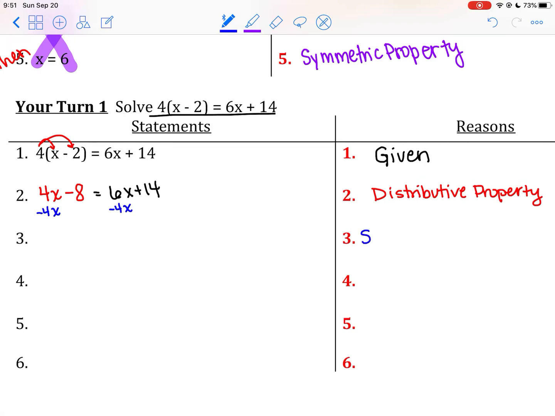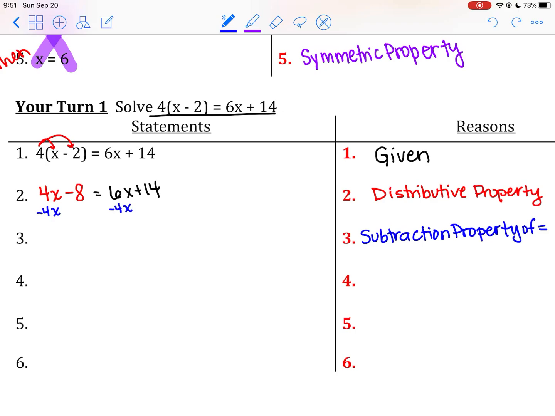That's called the subtraction property of equality. The result that I get from subtracting 4x from both sides is my next statement, statement number 3. Once I do that, I'm going to have negative 8 equals 2x plus 14.